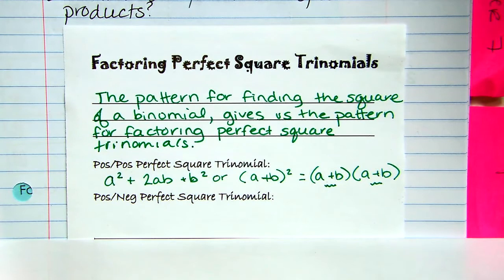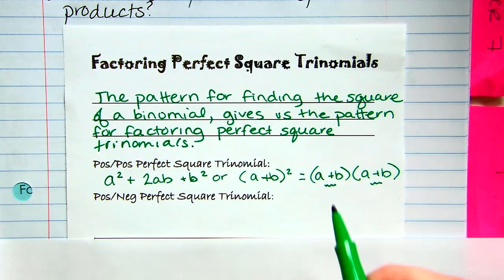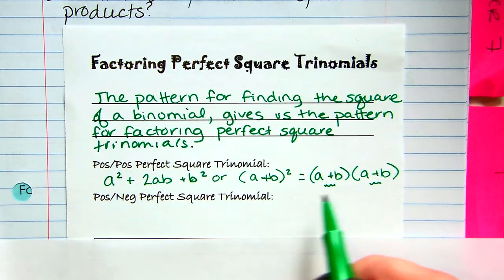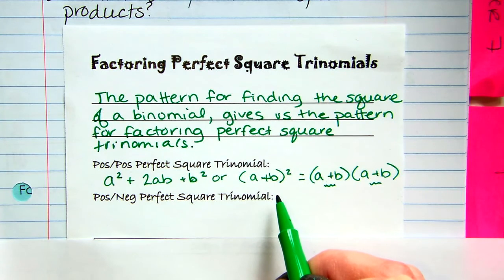Now, the next one we call a positive, negative, perfect square trinomial. That doesn't mean that we're going to have a positive and a negative in our parentheses. What that means is that in the trinomial itself, we will see both a positive and a negative symbol.